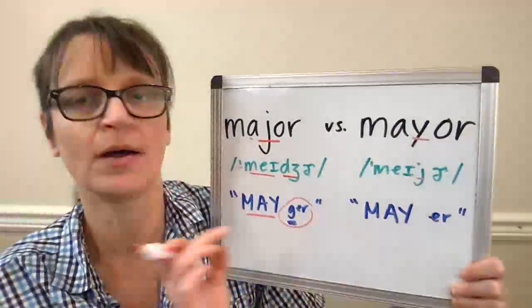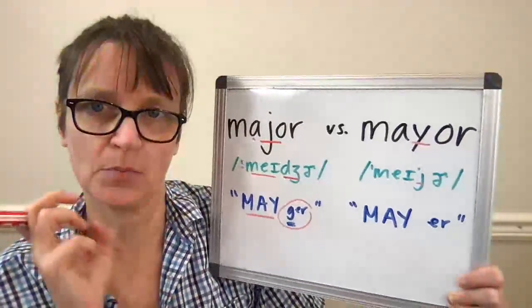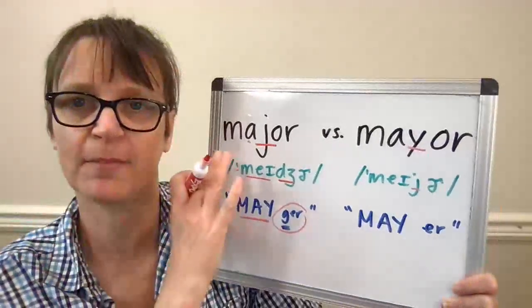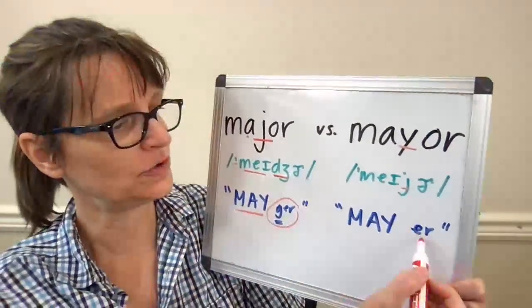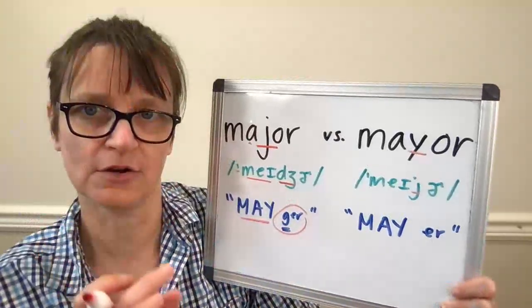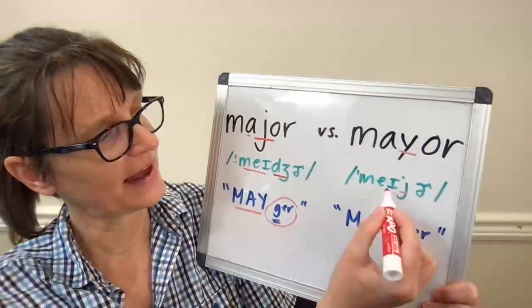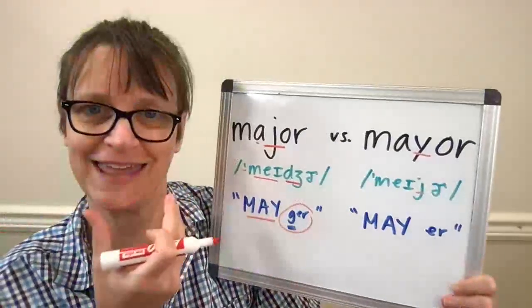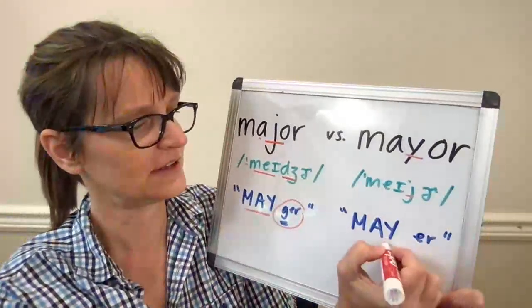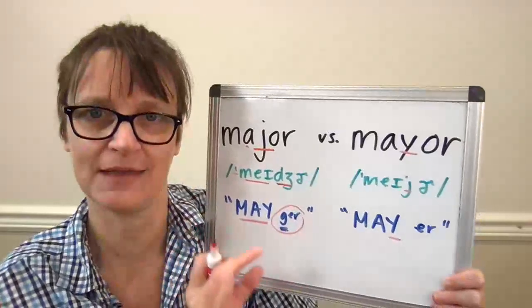When we're talking about mayor, I don't have any pushed out sound like the J in it. So I just glide from my vowel into my tight back sound. Mayor. So you can see that that happens because I'm moving from the A position to the R position. This Y sound goes between those two vowels to connect them.